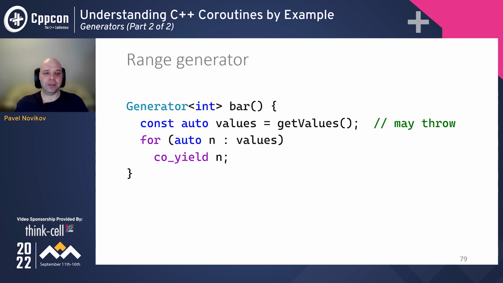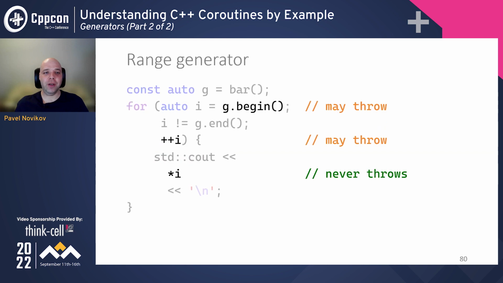So let's remind ourselves. Here's our example generator. Here is how we can use it when we explicitly write a for loop. In this case, begin and incrementation may throw in case an exception is thrown inside the generator.